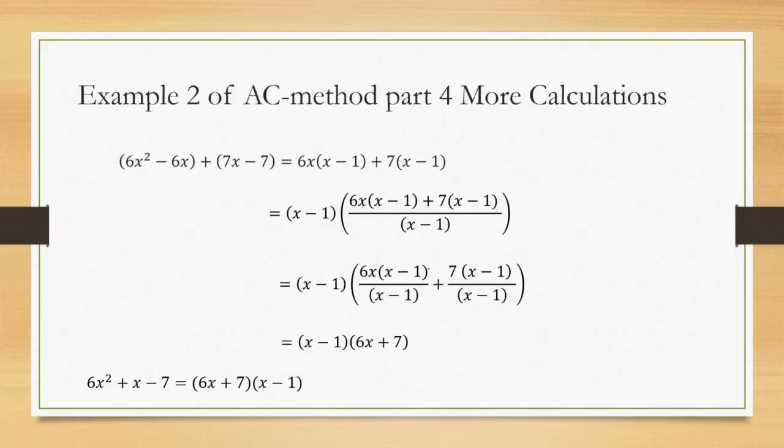And here, of course, there's cancellation, right? You have x minus 1 cancels with x minus 1. That's from the first quotient. From the second one, x minus 1 cancels with x minus 1.